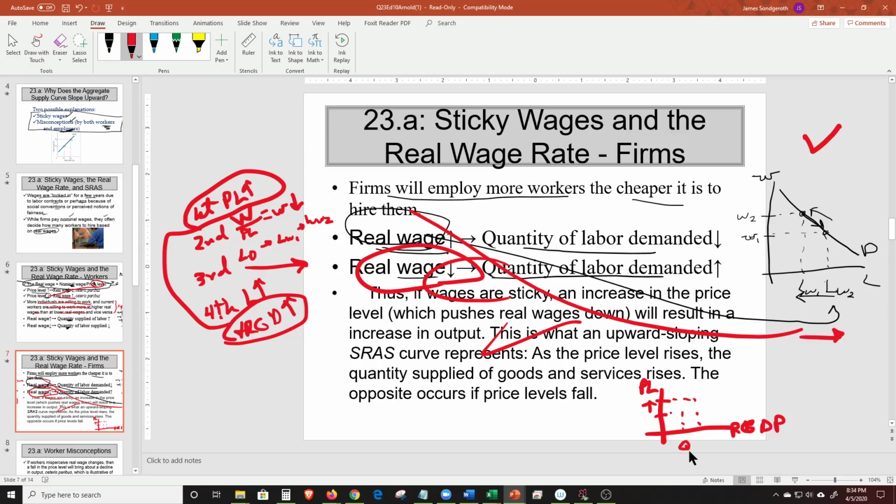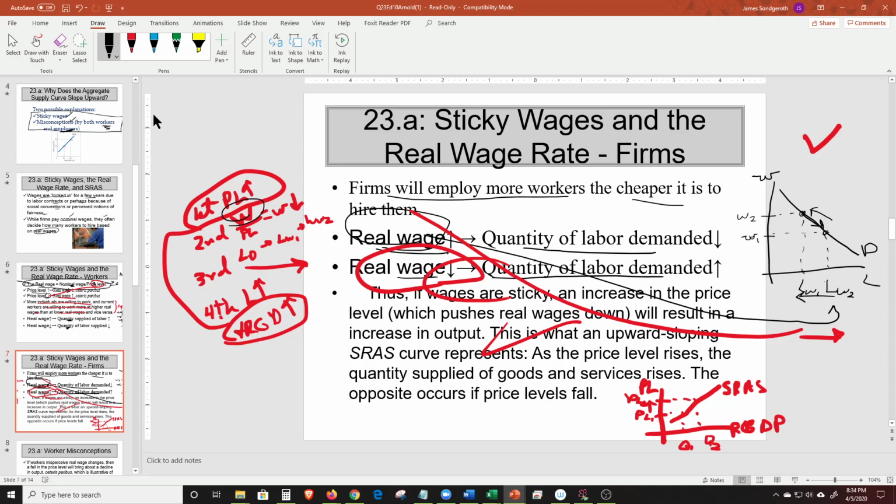Let's call this Q1, Q2, I guess price level 1, price level 2, and if we connect those two, what do we get? We get the short run aggregate supply curve, because workers' nominal wages don't change. They're stuck. They're just stuck right here. So as the price level goes up and down, then the quantity employers purchase goes up and down. And so there you go.